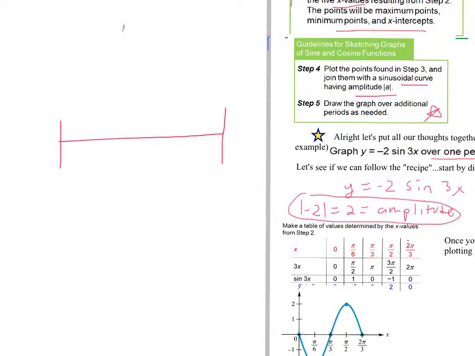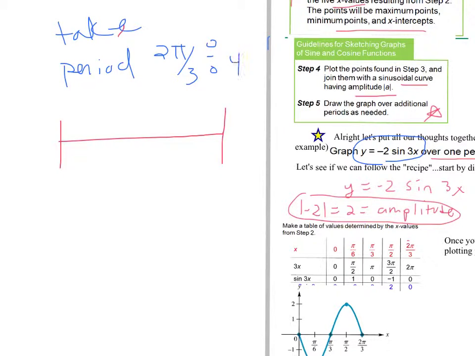So the period of this transformed function is 2 pi over 3. We take the period and divide it by 4. If you do that, you're going to have 2 pi over 12, which is pi over 6.